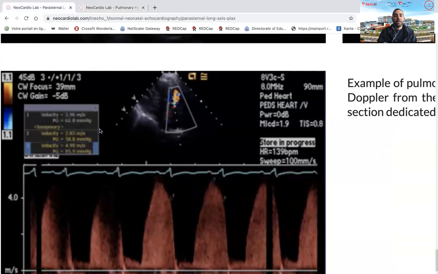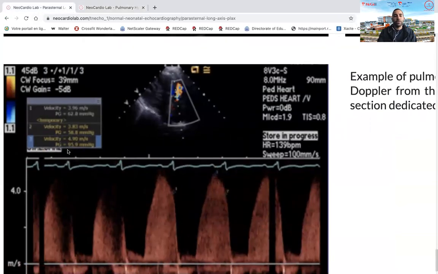So in the case of this patient, you can see that you have around 96 millimeters of mercury at the peak of the pulmonary insufficiency jet. And if you look at the end of the pulmonary insufficiency jet, you get around 58, 59 to 63 millimeters of mercury of gradient, which allows you to estimate the mean pulmonary arterial pressure.